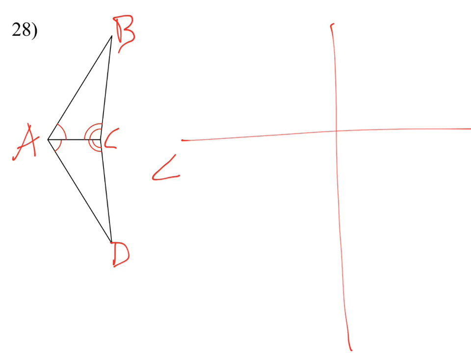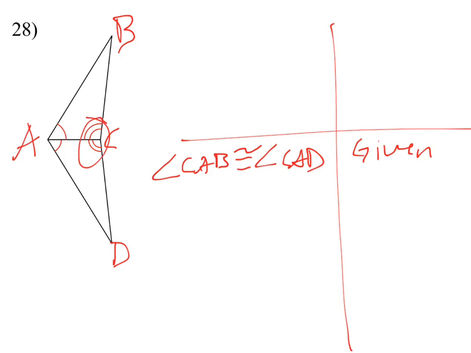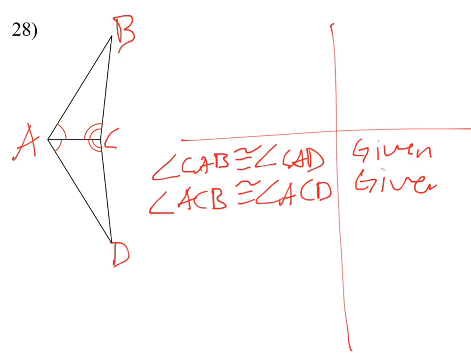Those are angles CAB and CAD. Those are congruent because it's right on the picture, so those are given. And I also have another pair of angles right there, centered at C. Those are angles ACB and ACD. That's given, it's right on the graph.